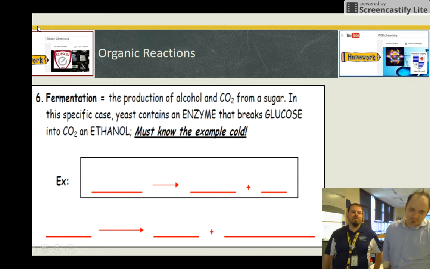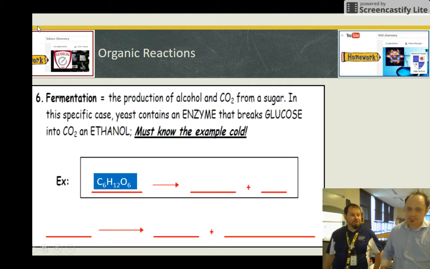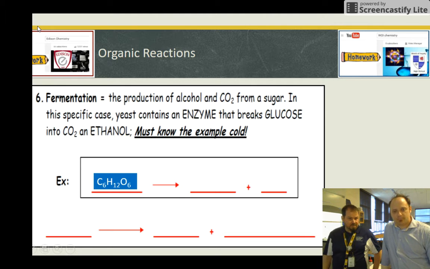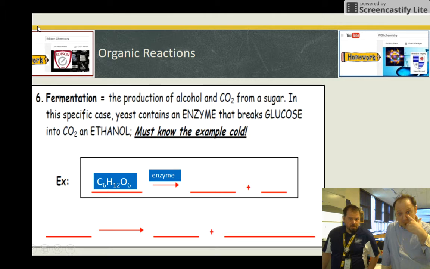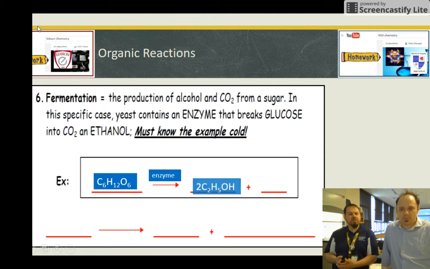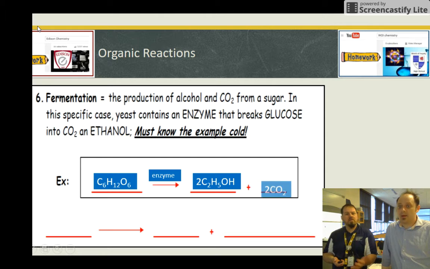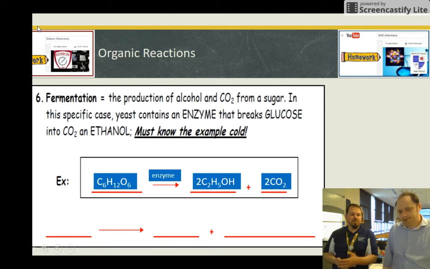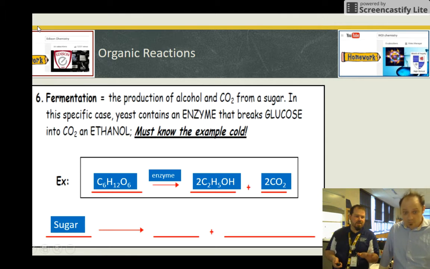Okay. So here's the other one, know it cold. This is probably the second most common one you're going to see. Fermentation. I'm going to take sugar, in this case regular glucose, and hit it with an enzyme. And that is literally going to make an alcohol and carbon dioxide, little bubbles in the alcohol. See the OH group, that is an alcohol, and I balanced the equation properly so nobody can get mad at me.